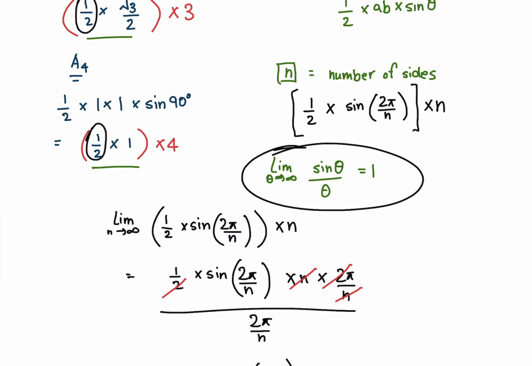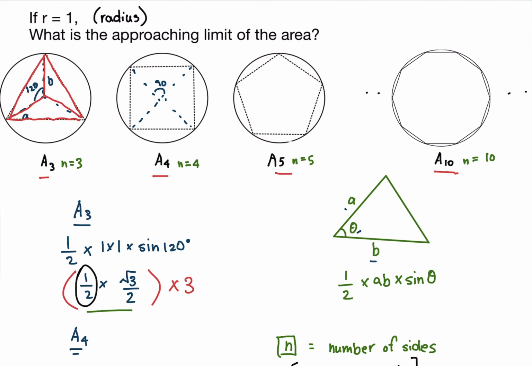So the area of a circle with radius 1 would have an area of pi. And using our polygon method, we figured out that the approaching limit of the area of the circle is pi. So this makes a lot of sense because we could use this method to find the area of a circle. Now, you could try doing this problem with a circle with radius 2 or 3 or 4 or whatever, and you would find that the answer would be the number squared times pi.